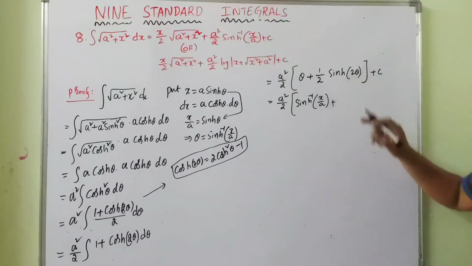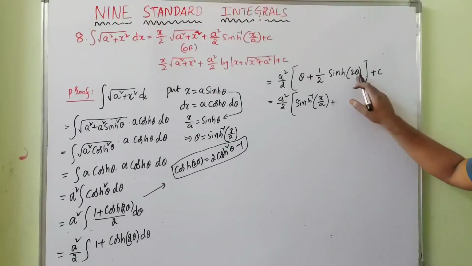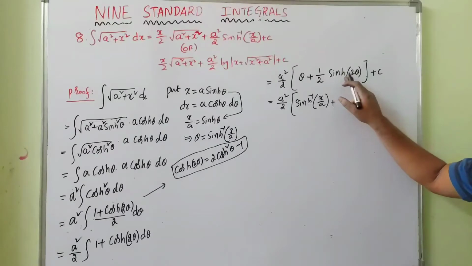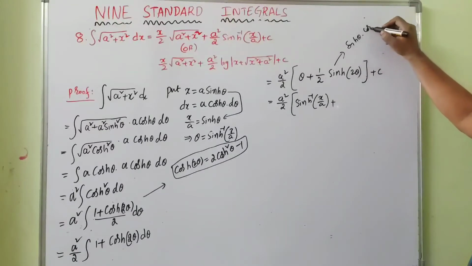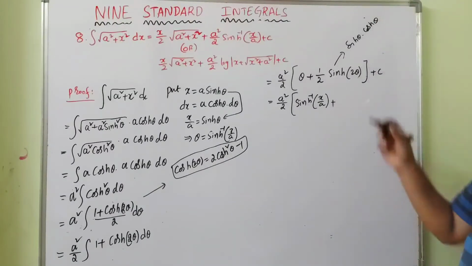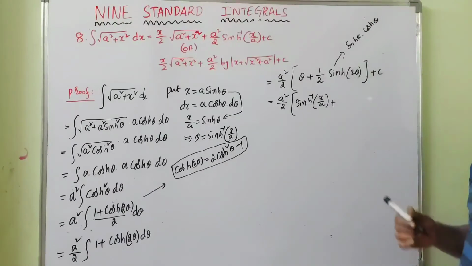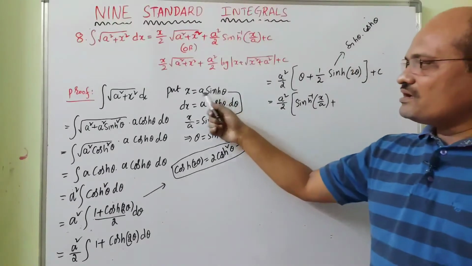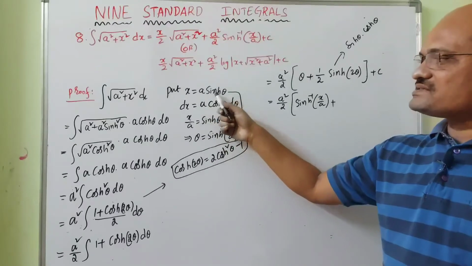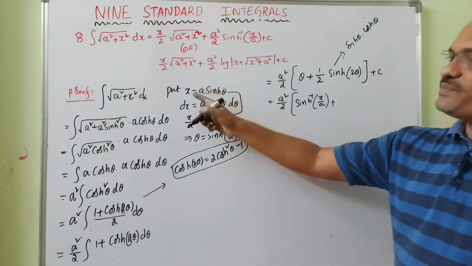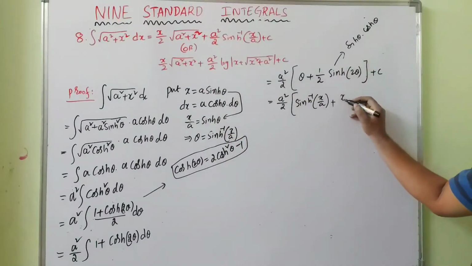Now observe here, the sinh of 2 theta formula is 2 sinh theta cosh theta. 2 gets cancelled. You will get sinh theta into cosh theta. Now convert these two into x. How? Sinh theta: from the substitution, x equal to a sinh theta, sinh theta can be written as x by a. So sinh theta means x by a.